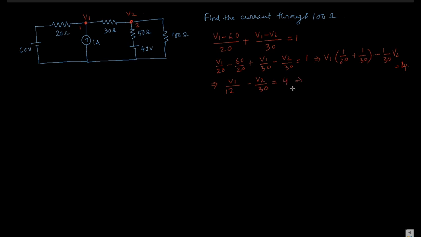So it becomes V1 by 12. If you calculate it, 1 divided by 12 becomes 0.083 V1 minus 0.033 V2 is equal to 4.